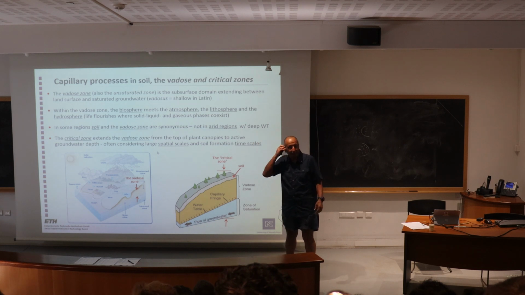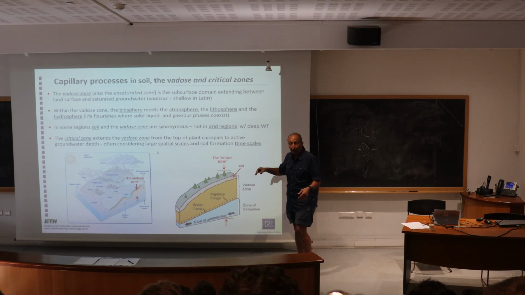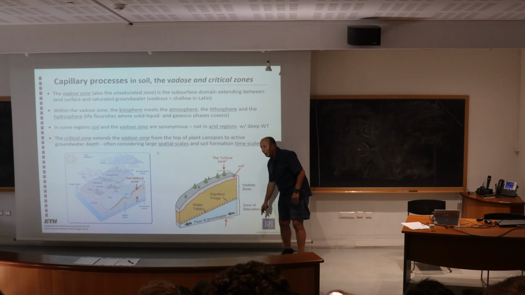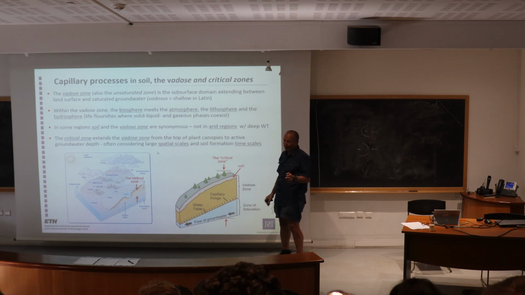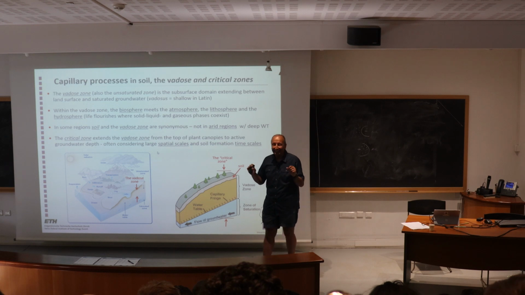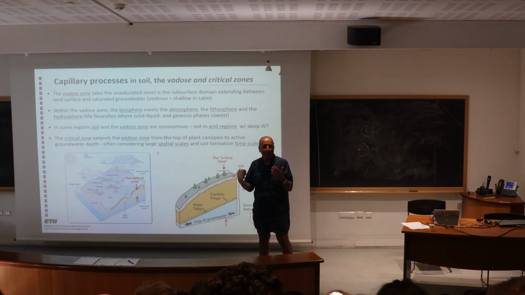And then to add a layer of complexity, we define the critical zone, and that one extends from the top of the canopies of a forest, for example, down to the bottom of the active water table. If you ask me what that means, I have no idea because nobody knows what the bottom of the water table is, but there are some operational definitions in which water that sees the surface or interacts with the surface within certain time horizons.